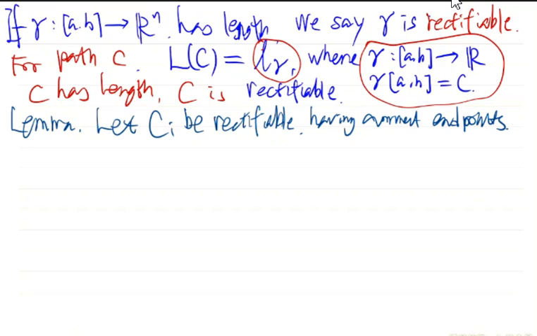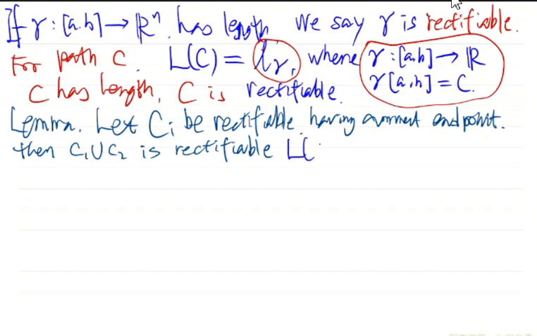Having a common endpoint, we don't need both endpoints to coincide. Therefore, we do not have S here. Then their union is also rectifiable, and the length of the union is the sum of their lengths.